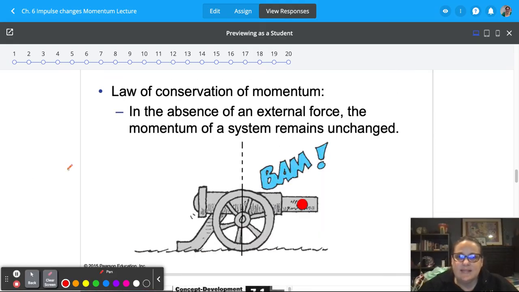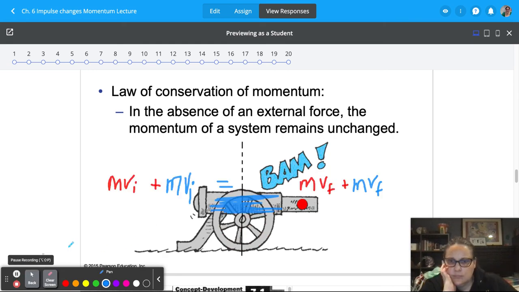All right, the last concept is the law of conservation of momentum. In the absence of external force, the momentum of a system remains unchanged. So let me show you what this means. Okay, so the red is representing the cannonball and the blue is representing the cannon. Initially, before the cannon is fired, they are both not moving.